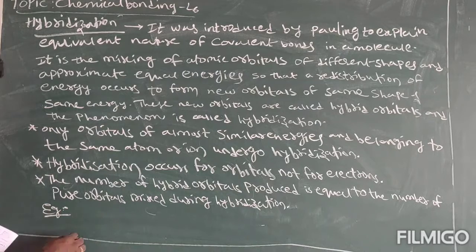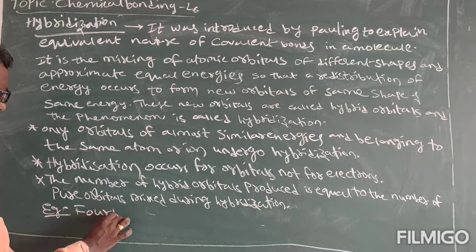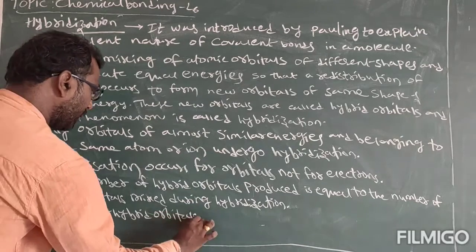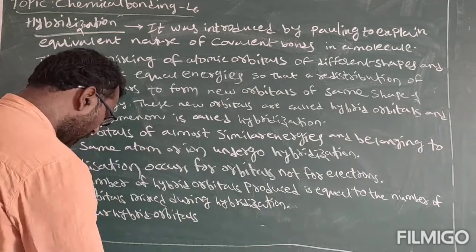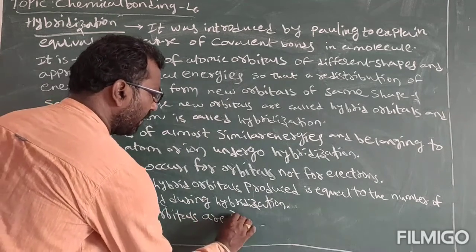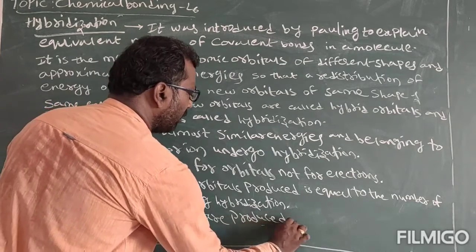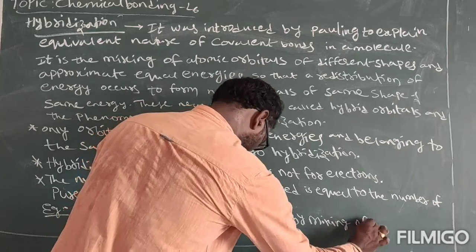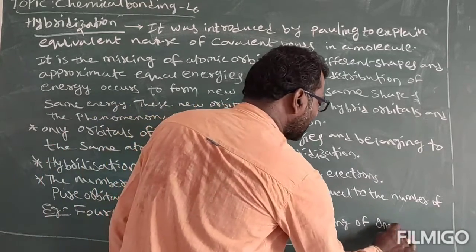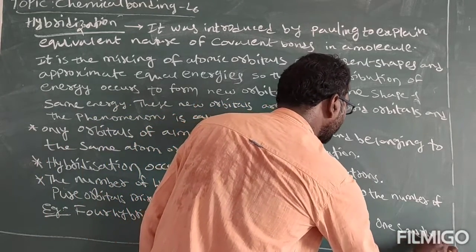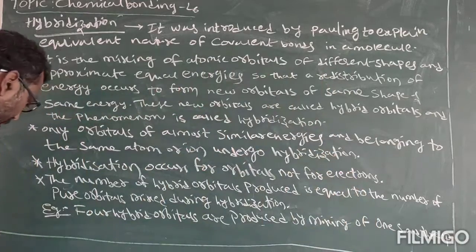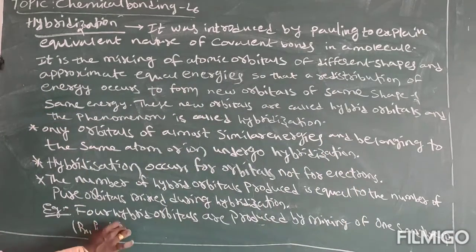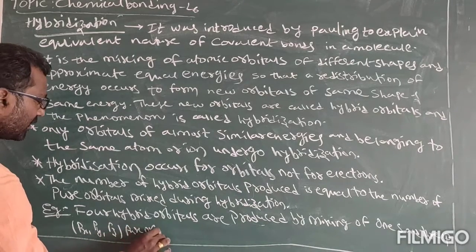Suppose four hybrid orbitals are produced by mixing of 1s and 3p, that is px, py and pz, pure orbitals.